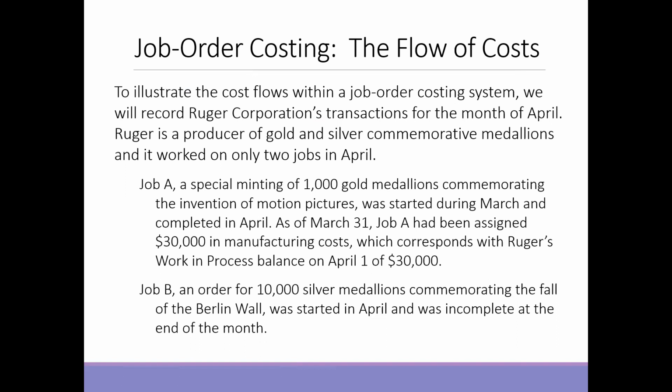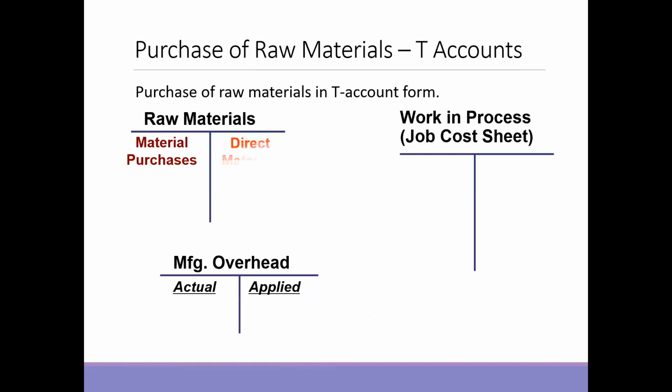It's not done yet. But Job B started in April. This was an order for 10,000 silver medallions commemorating the fall of the Berlin Wall. It started in April, but it wasn't completed in April, okay? So it's going to be sitting in work in process at the end of April.